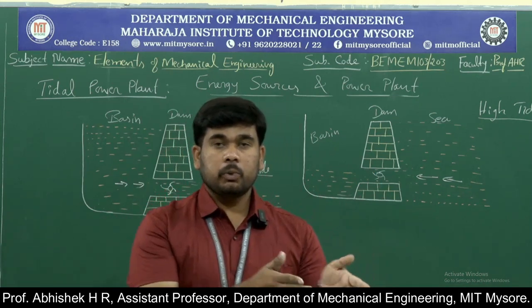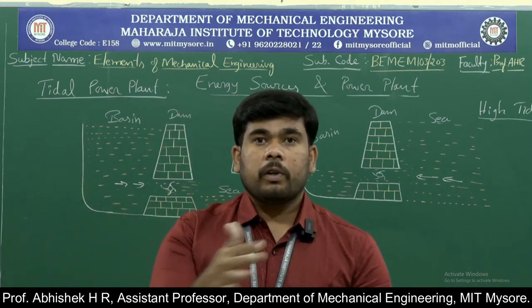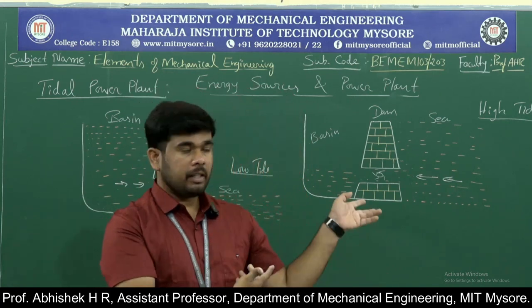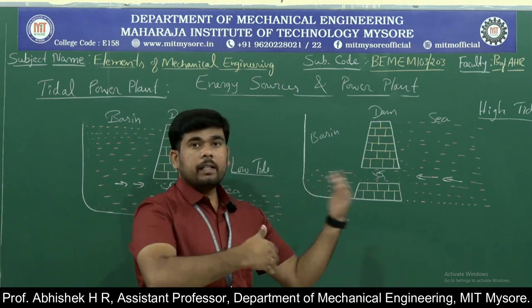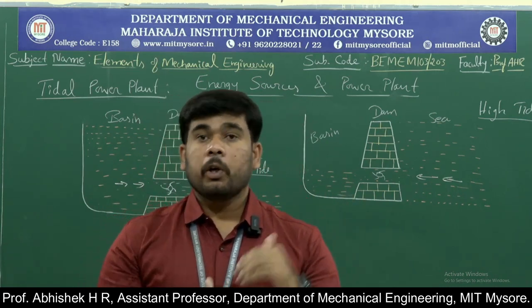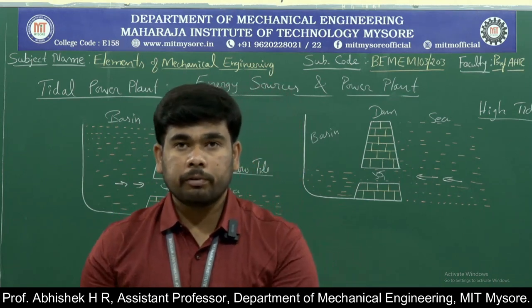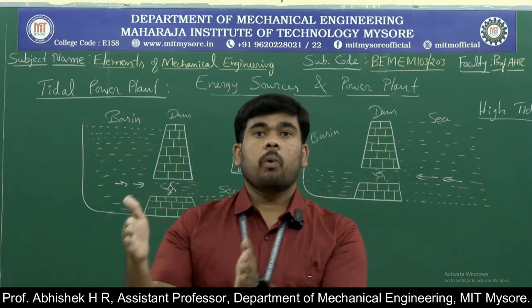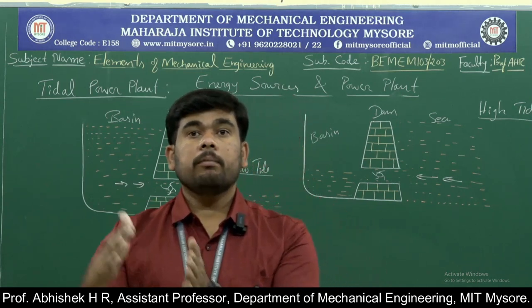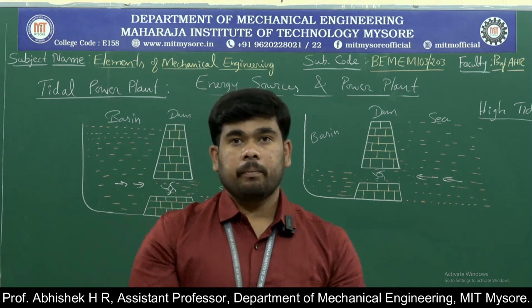From the sea to the water basin, the water is flowing through the turbine. Again, the turbine is going to rotate and generate electricity. So it is vice versa with respect to high tide and low tide. During high tide, water flows from the sea to the water basin. During low tide, water flows from the water basin to the sea.